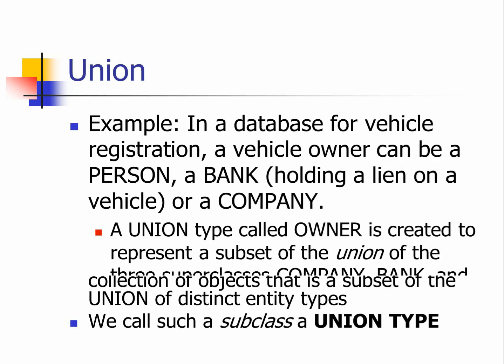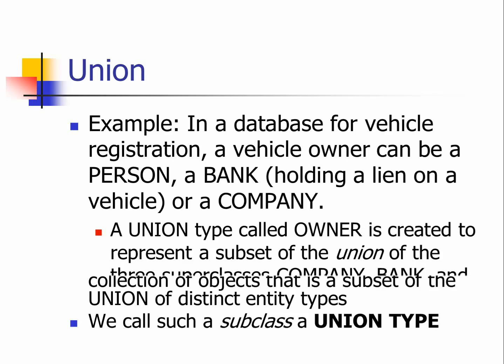For example, in a database for vehicle registration, a vehicle owner can possibly be a person, which is probably most commonly seen. However, if you have a car mortgage, then a bank is going to be the owner while you owe the money toward the bank.